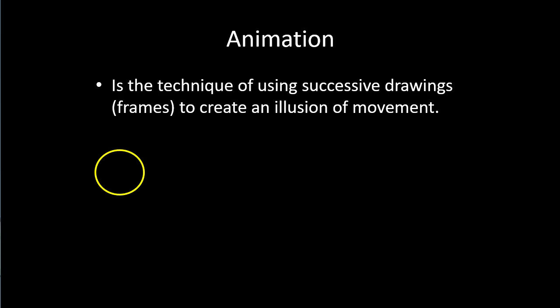But animation software, and even something as simple as PowerPoint, which I'm using for this presentation, creates the illusion of movement through successive drawings. If you focus on the center of the video and don't look directly at the oval, you can perceive each of the successive drawings or frames that PowerPoint is creating to create the illusion of movement.